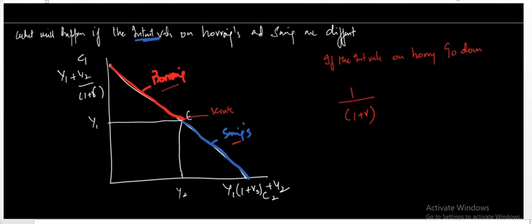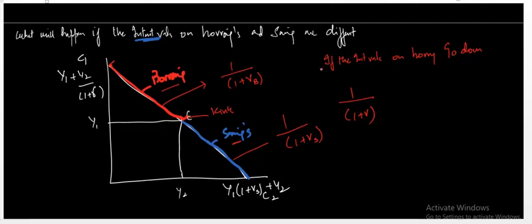Therefore the slope of this red part is going to be 1 divided by 1 plus r_b, that is the borrowing rate, and the slope of this part is going to be 1 divided by 1 plus r_s, that is the saving rate. So there are different slopes for the two parts.